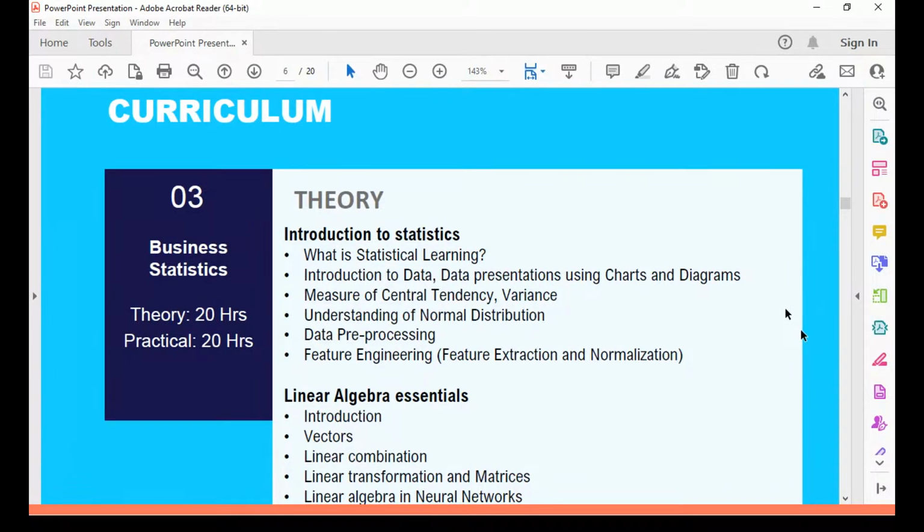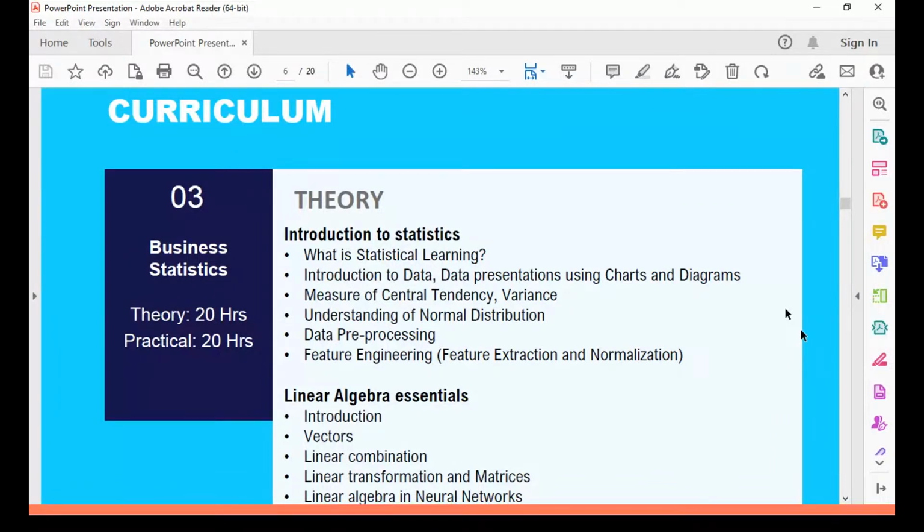So the average of the 10 is 5.6. So we can say that the average of the height of the students in the class is 5.6. So the average will be one of the insights from the data that are collected.